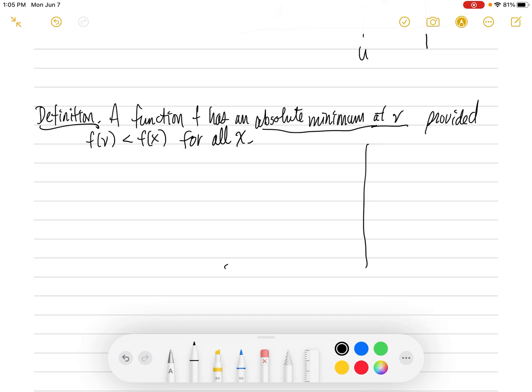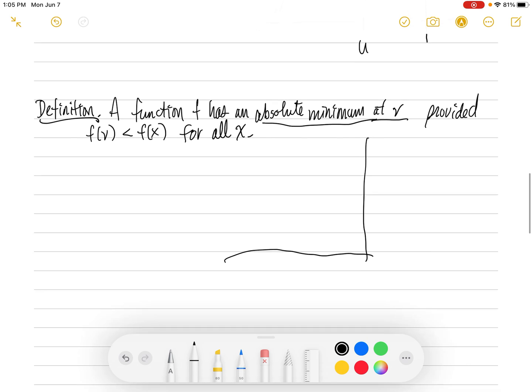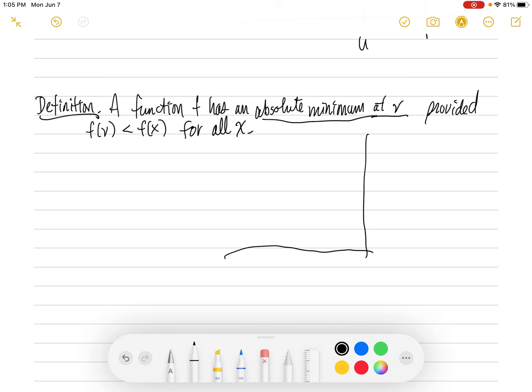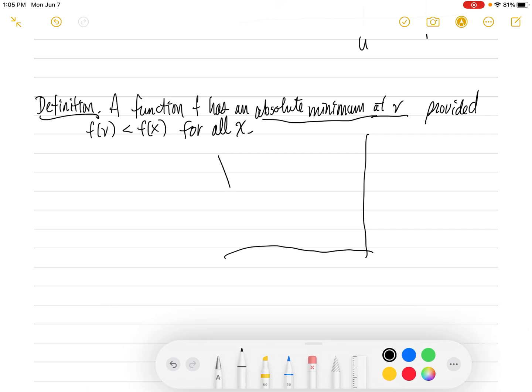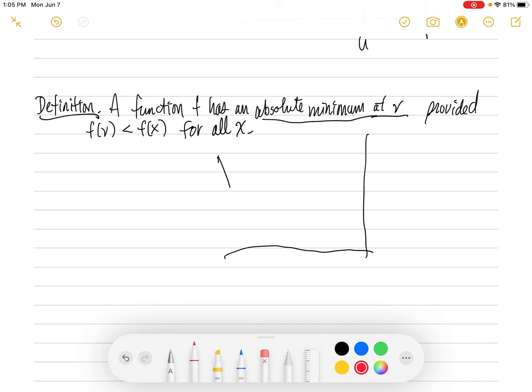So let's do an example of that. Let's say I had a graph that did something like this. Let me make it red. This is my function f. And right here, this is going to be my v.